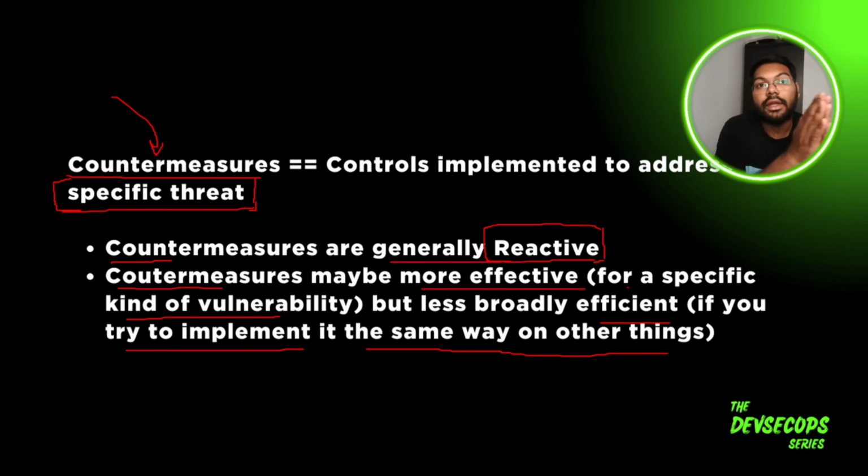A DDoS countermeasure would not be helpful in that case. A DDoS countermeasure will only safeguard you against those kinds of attacks, but it cannot specifically safeguard your application from access or injection kinds of attacks. So that is the difference between a security control and a countermeasure. Remember that, because a lot of people get confused by these two words.